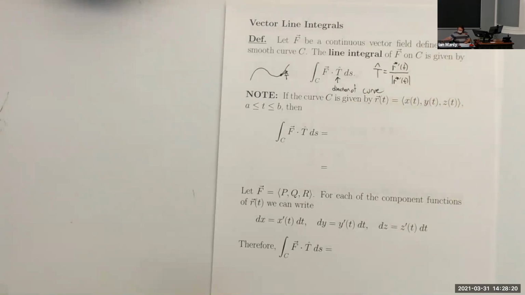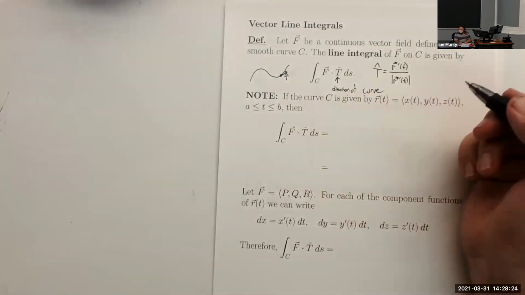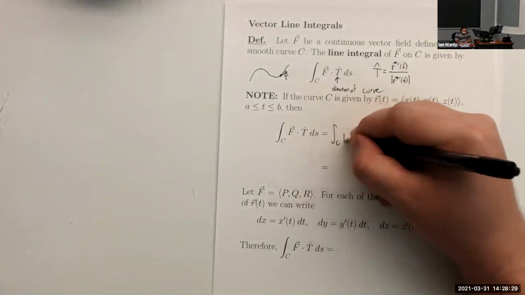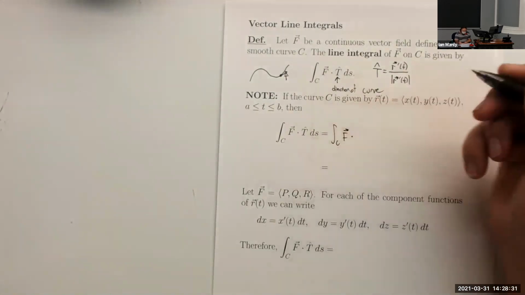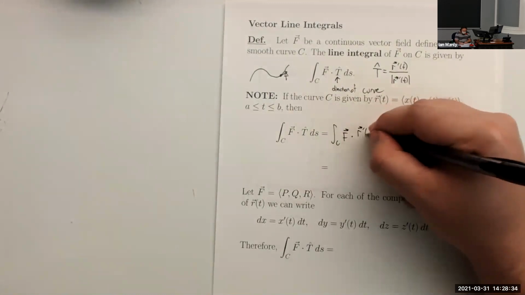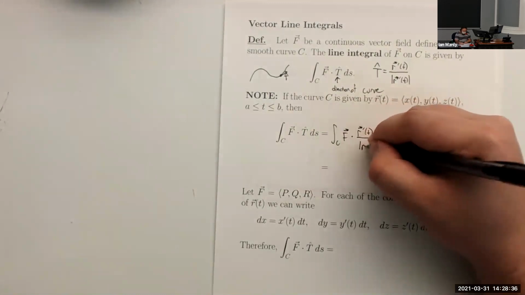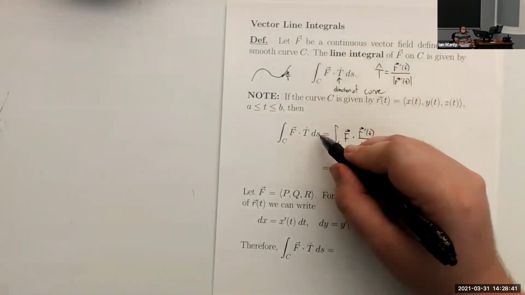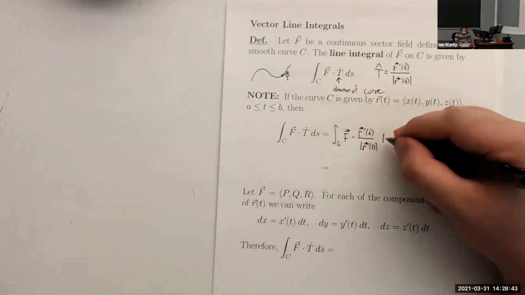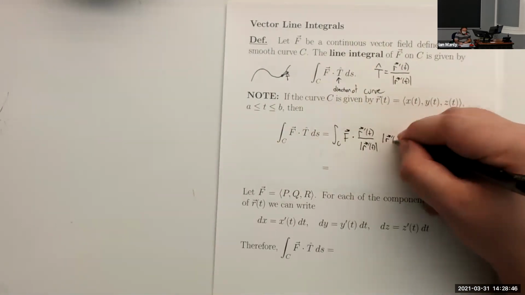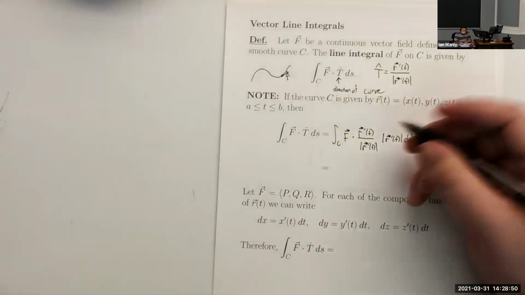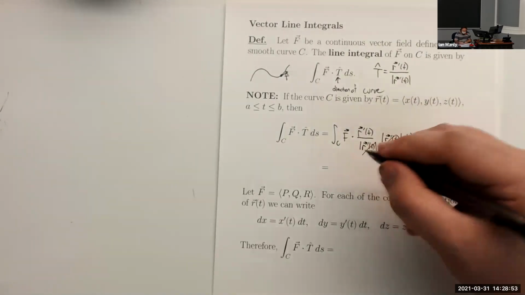We just reminded ourselves that T hat is r prime of t over the magnitude of r prime of t. Now we also have a way of representing ds: ds is the magnitude of r prime times dt. And then we have a nice cancellation happening here.